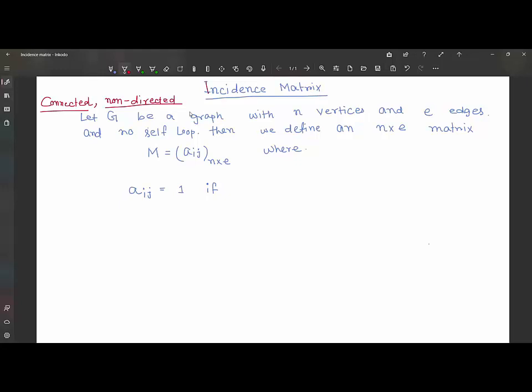So here for the non-directed graph, Eij will be 1. That means in your matrix the element in the ith row and jth column will be 1 if the edge Ej is incident to the vertex Vi, and otherwise this value will be 0.